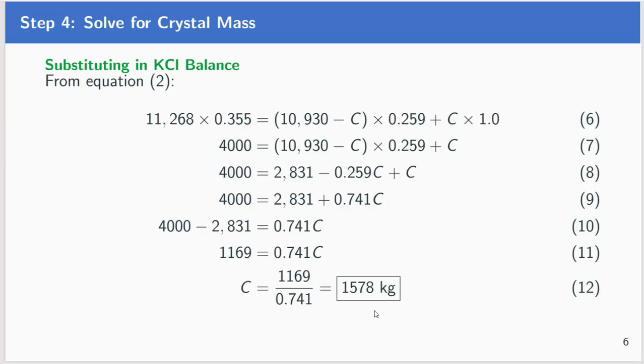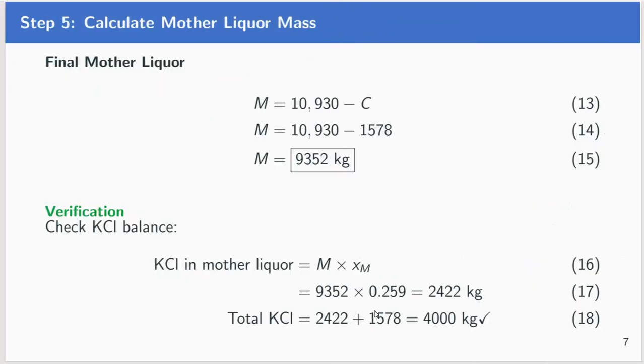From here we can easily get C, which is 1578 kg, meaning the crystal is 1578 kg. Now the final mother liquor: M is equal to 10,930 minus C. From that, we can easily calculate M, which is 9,352 kg. Now verification.